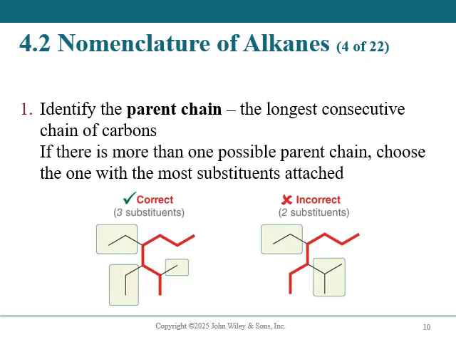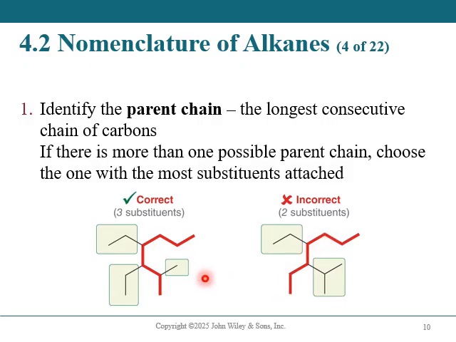Now, when you start identifying the parent chain, you can go from top to bottom, bottom to top, side to side, etc. So the idea is that you will start numbering based on where you have the highest number of substituents in that parent chain. So for instance, in this case, I have 1, 2, 3, 4, 5, 6, 7, or 7 here, either will be 7 carbon atoms.